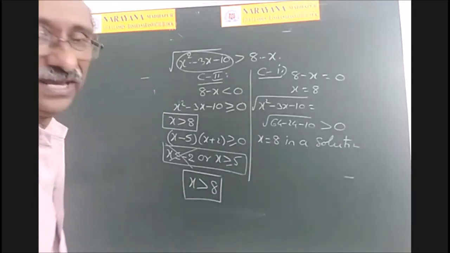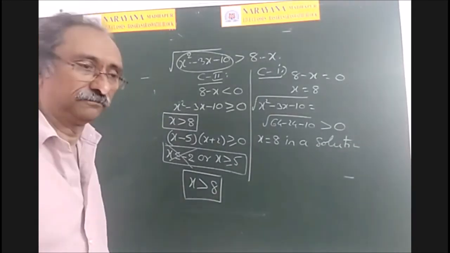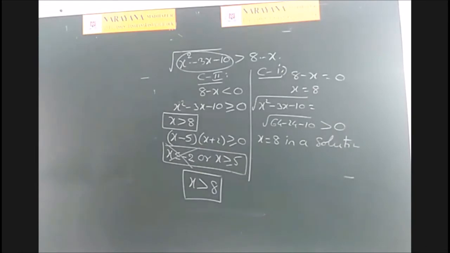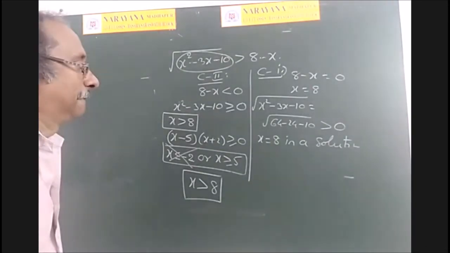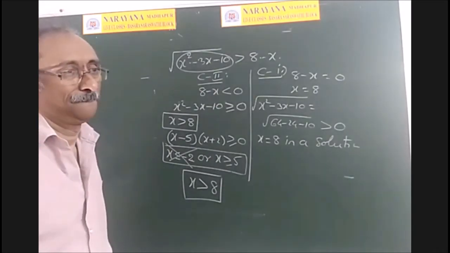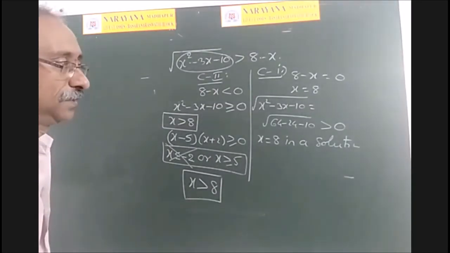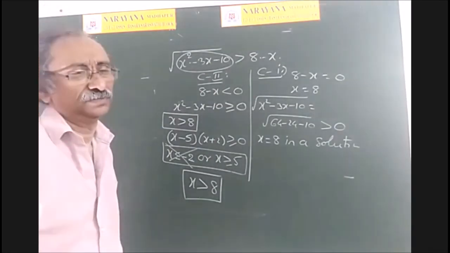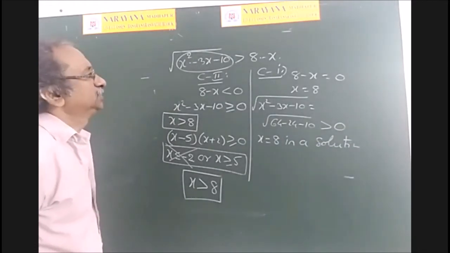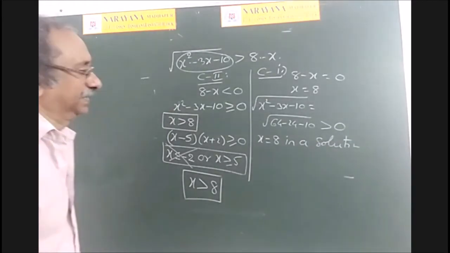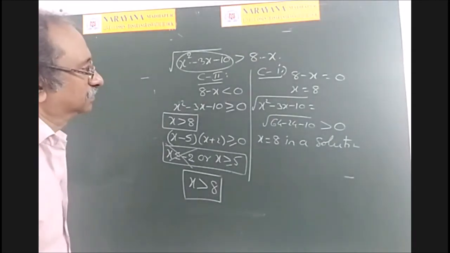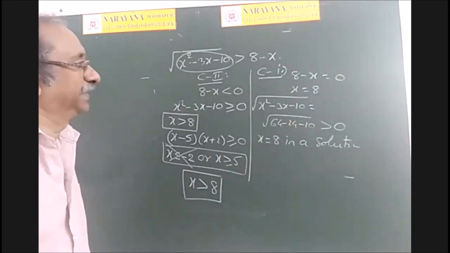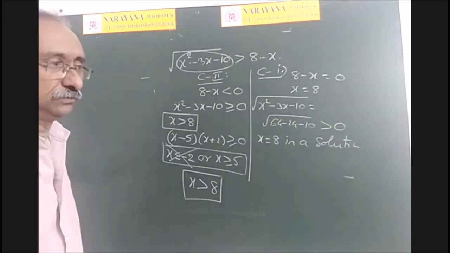I have just taken it like this, that's all. So whenever the number is specific, it is easy to verify. That's why I have taken x equal to 8 separately. But I can take in case 2, 8 minus x greater than or equal to 0. You can take that.